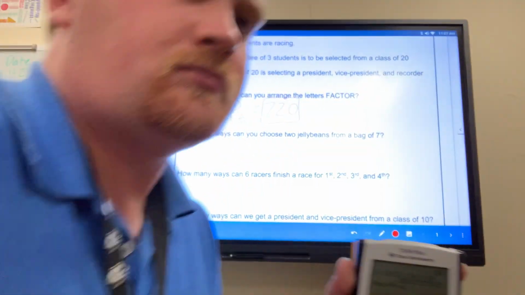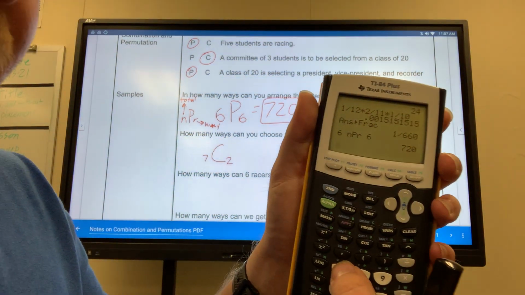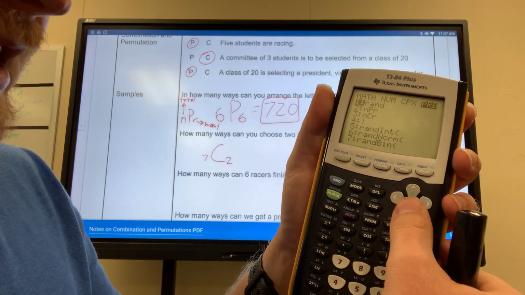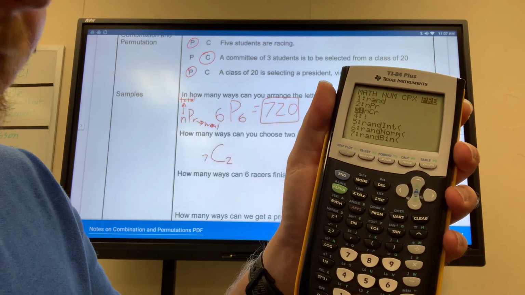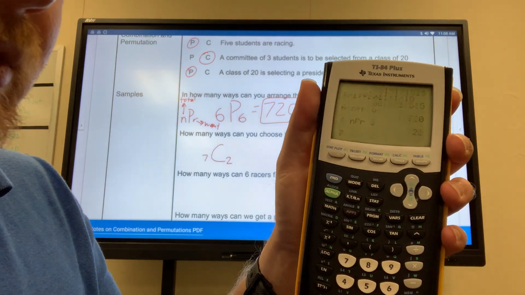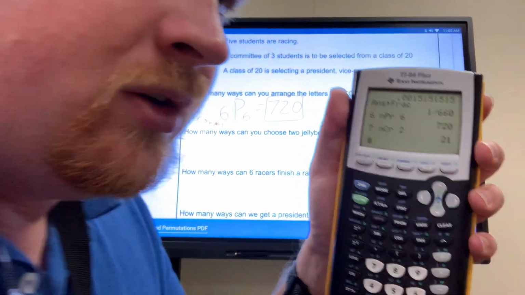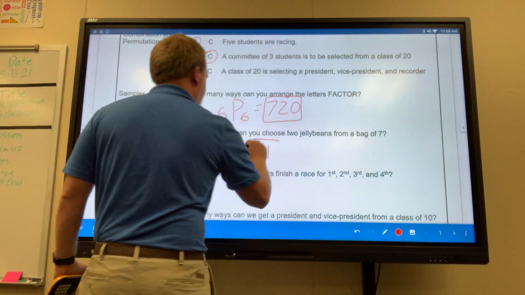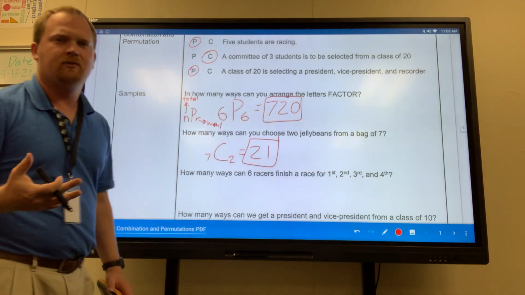I go to nCr, so remember, 7 in a bag, and I'm picking out 2. That gives me 21. So there are 21 different combinations.